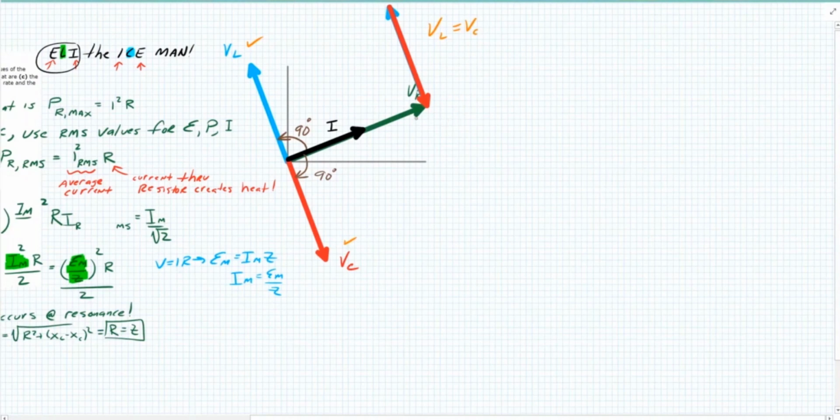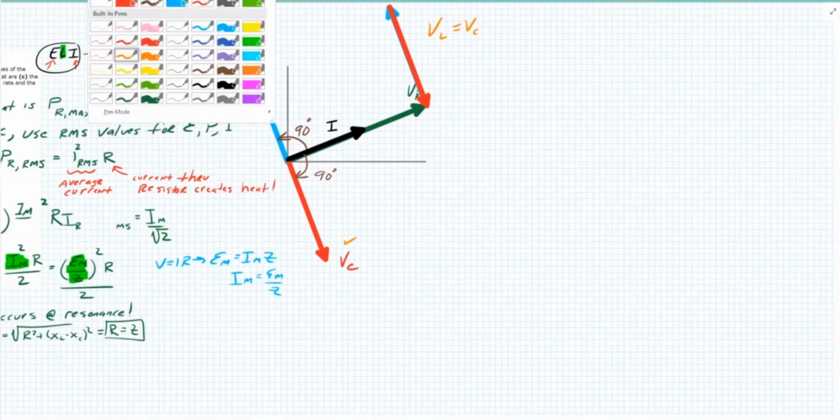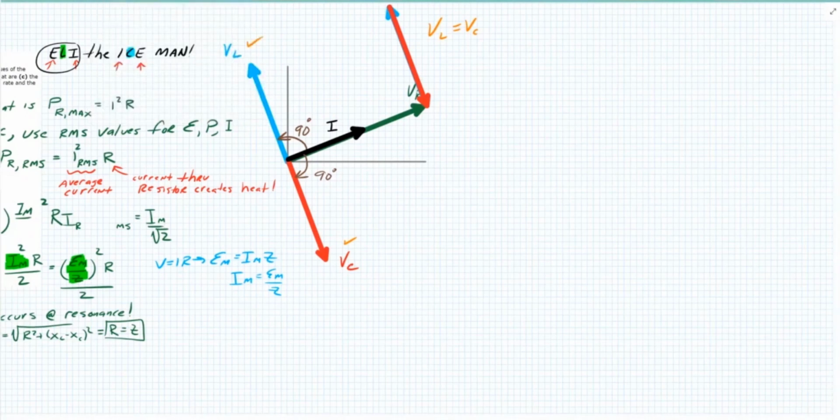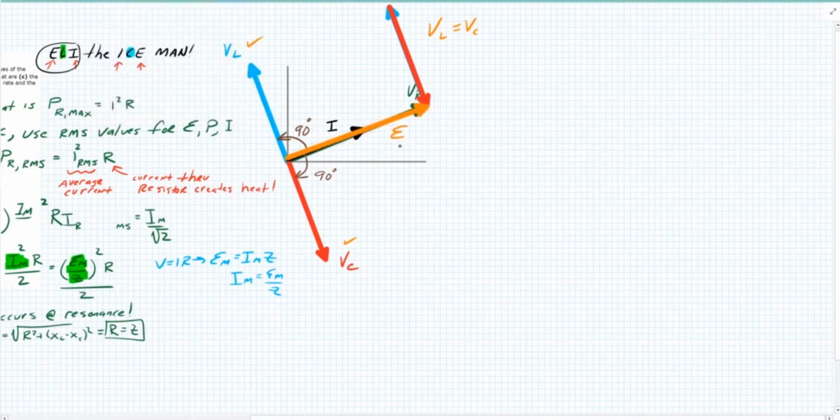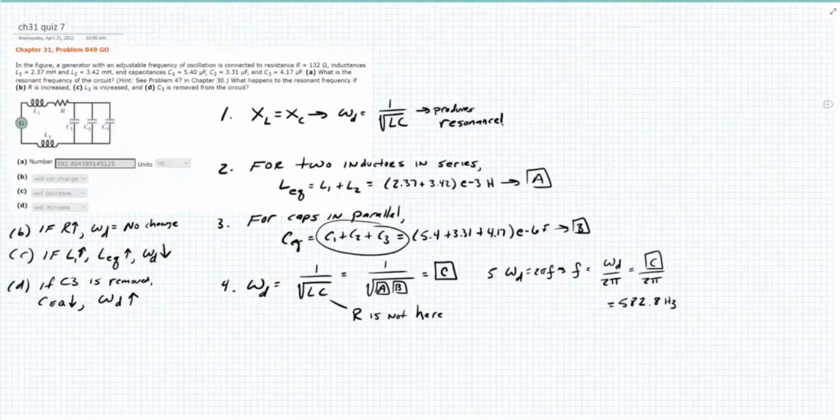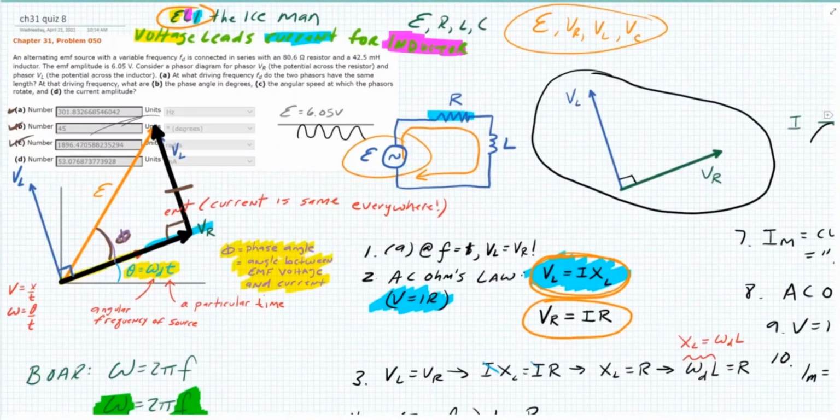So here's my net vector. My net EMF, my EMF at this point in time, is just connected first tail to last head. This orange vector is the EMF voltage right there. And once again, I did say it: phi, the phase angle, is the angle between the EMF voltage and the current.